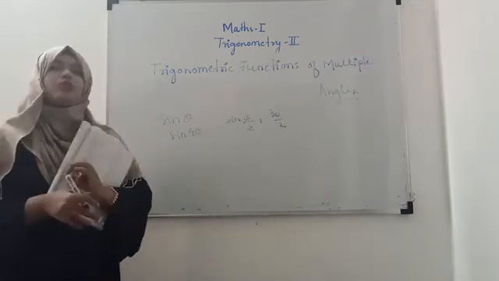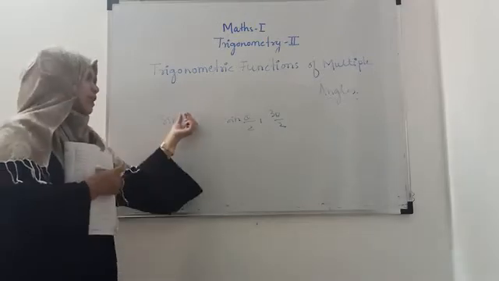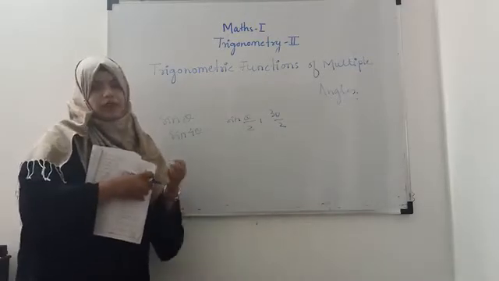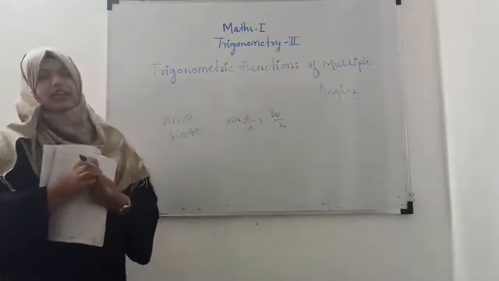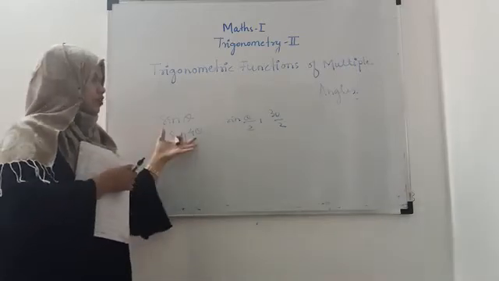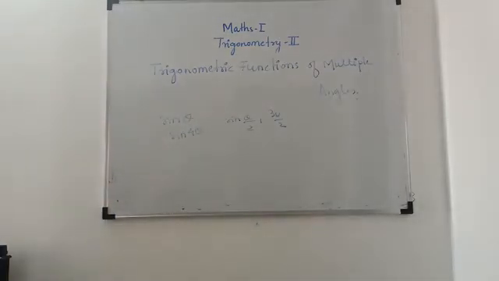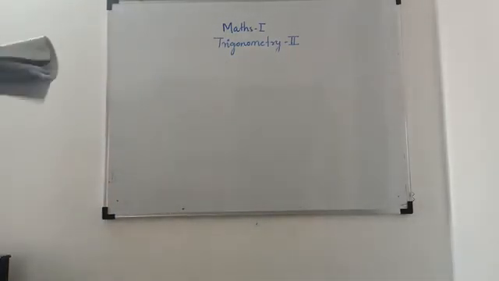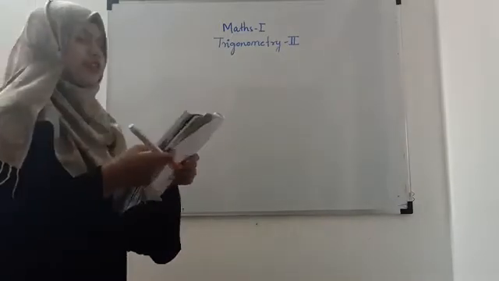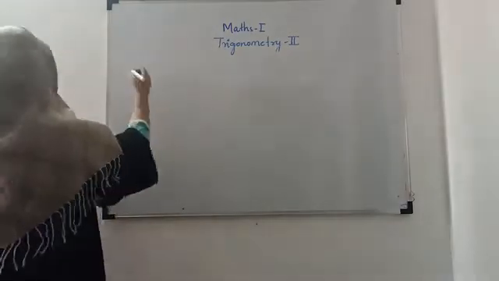Now we are going to see the values of trigonometric functions, the different formulas for the multiple angles and the submultiple angles. Sin 2 theta, sin 3 theta, cos 2 theta, right? So we will find out the formula for that. So the first is trigonometric functions of double angles, means formulas for 2 theta we will see.